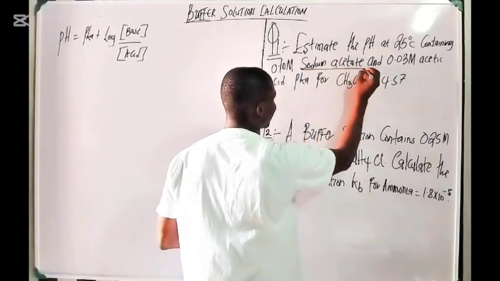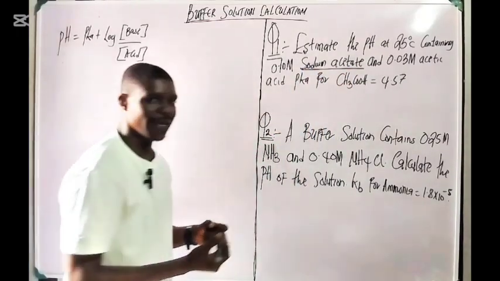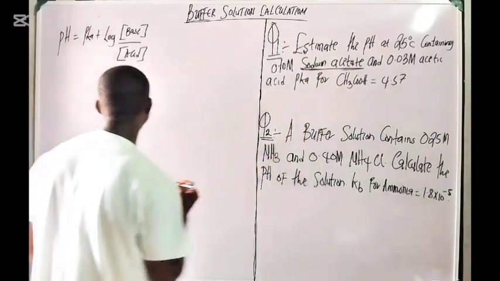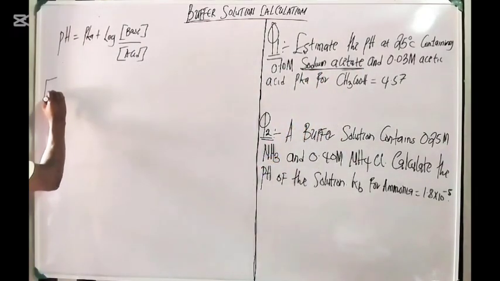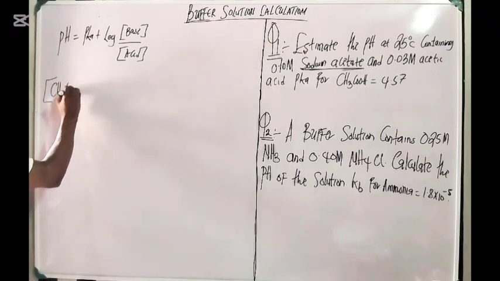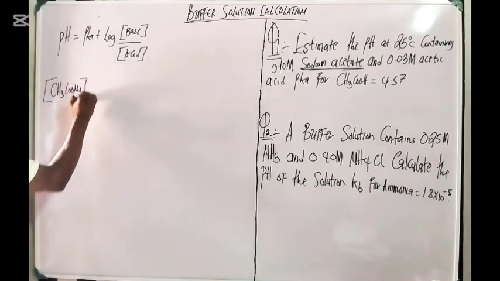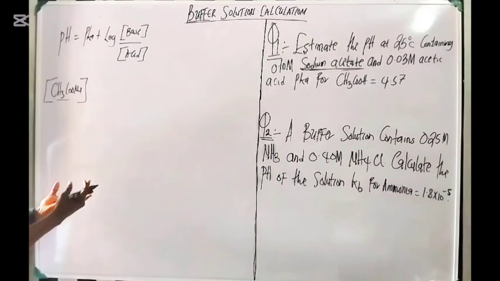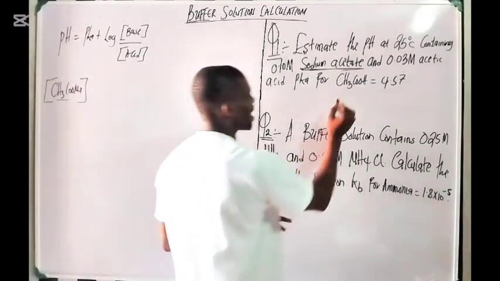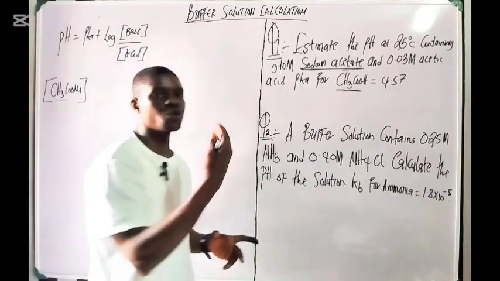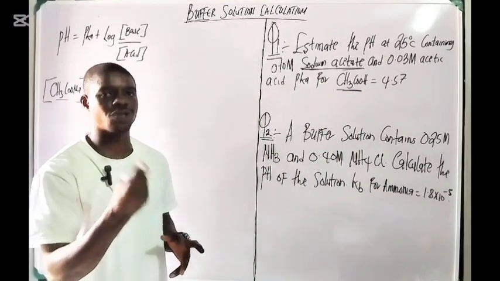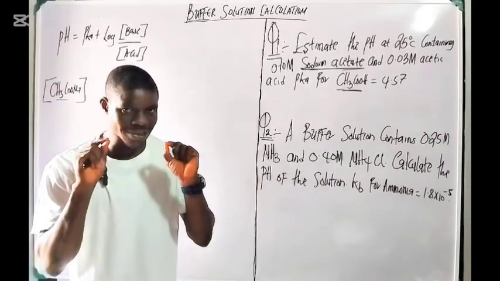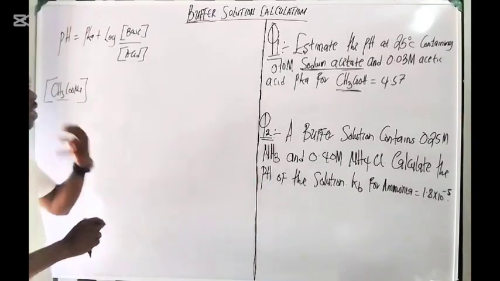Sodium acetate here is the conjugate base, CH3COO, called sodium acetate. We take it as the base because this acid, when it loses a hydrogen, forms a conjugate base. That conjugate base is also our conjugate salt.